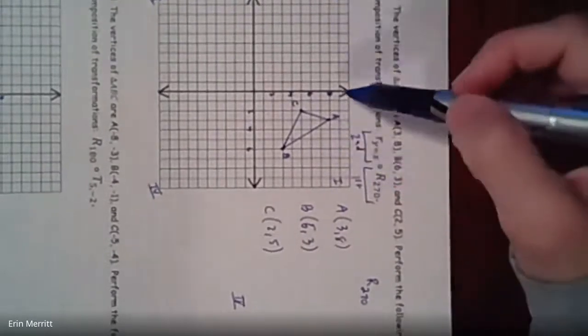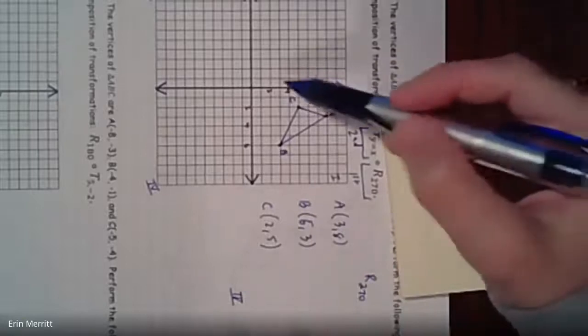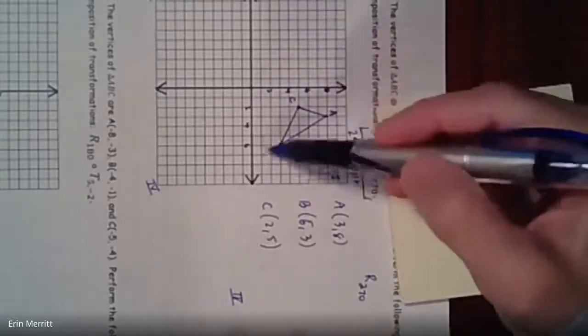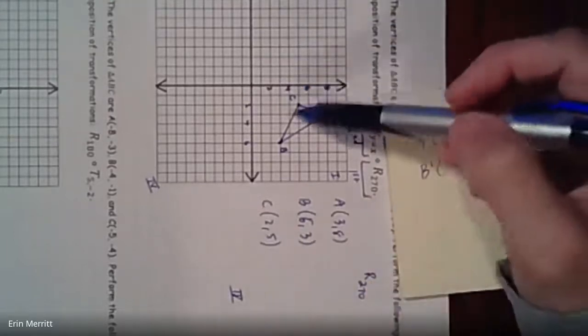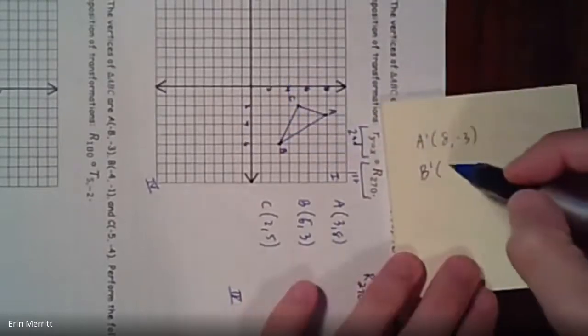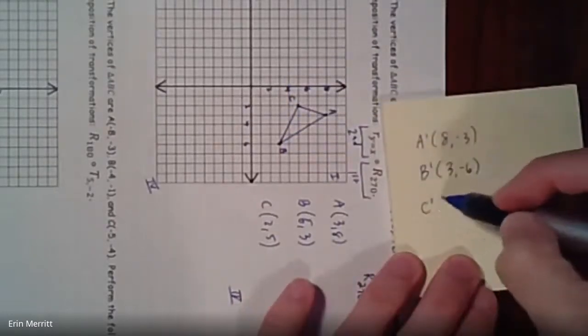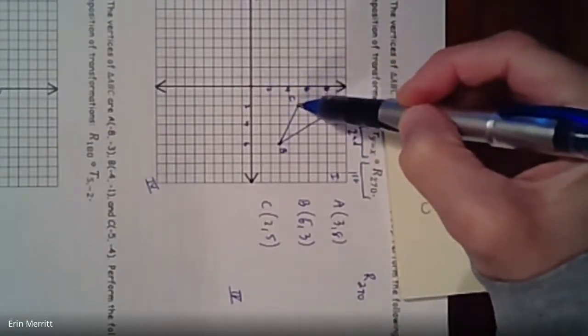All right. I'm going to grab a little Post-it next to me. I've got the point A, which now looks, if this is my X and that's my Y, this would be 8, negative 1, 2, 3. B, if I look, is now positive 3, negative 6. And then C is positive 5 and then negative 2.